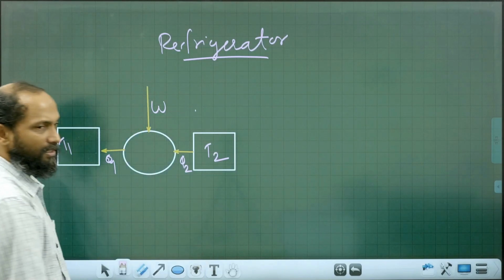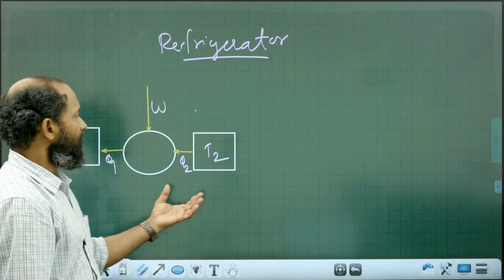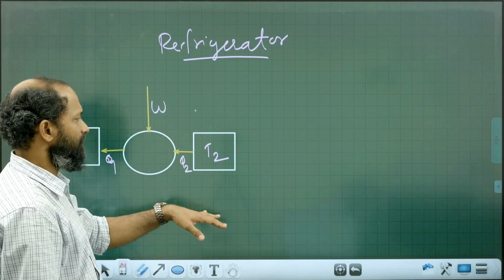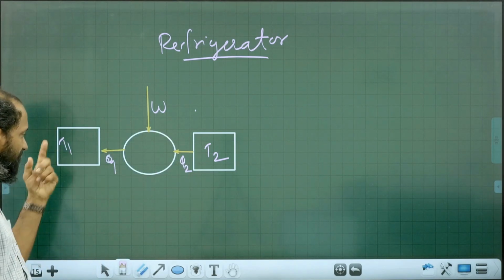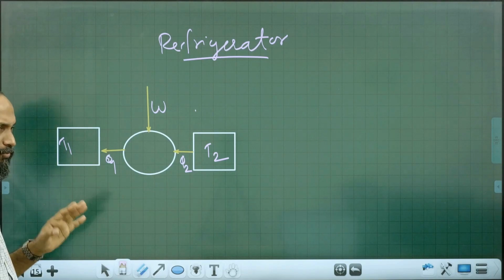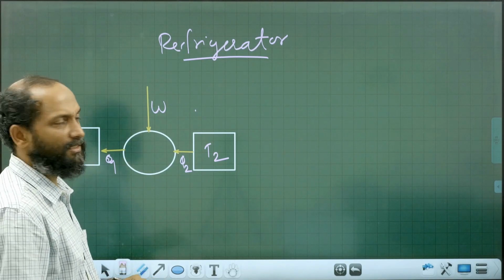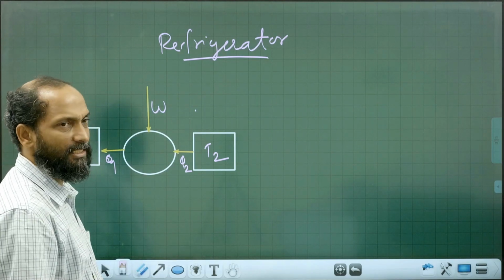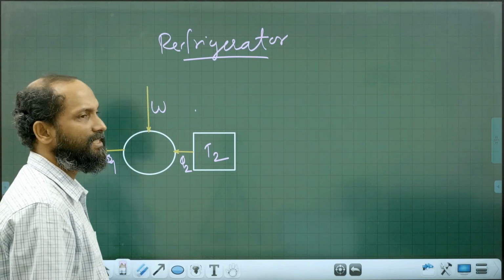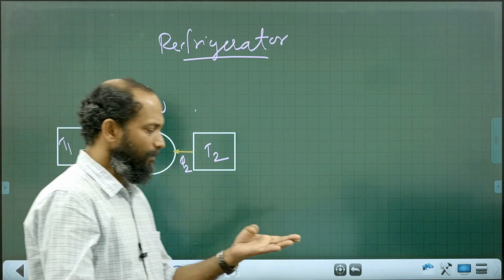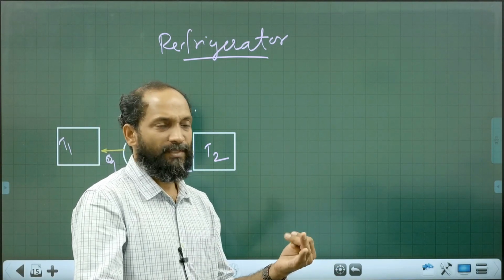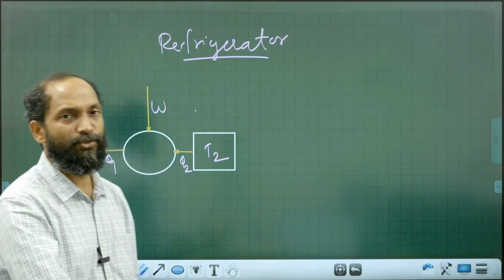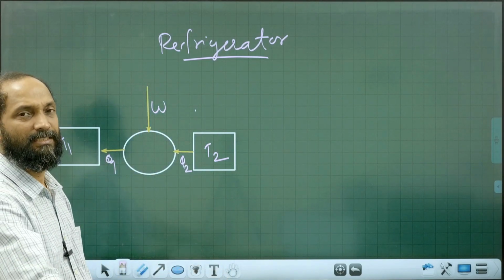T2 is the low temperature reservoir. This time, heat energy is absorbed by the working substance at a lower temperature and heat energy is rejected at the higher temperature. That wording is very important. While reading the question paper, if we are not aware of all this theory, you may not understand which one is given, because W, Q1 and Q2, all three are given in the same system of units, maybe joule, calorie, or power in watt.